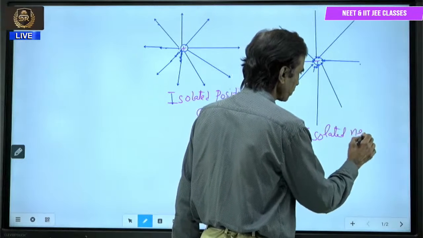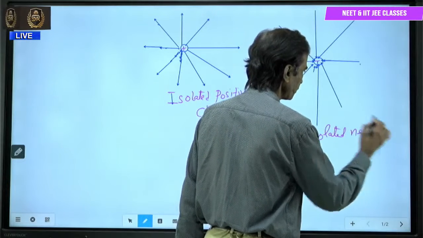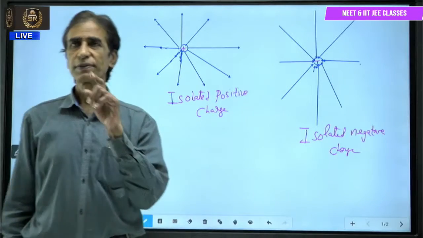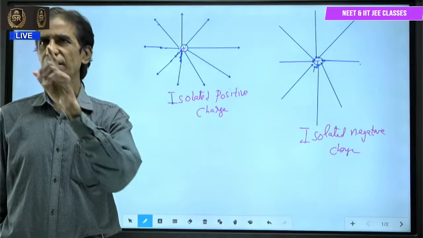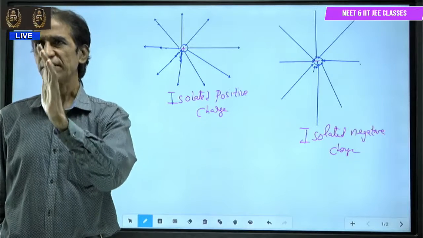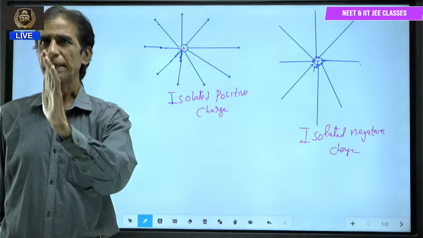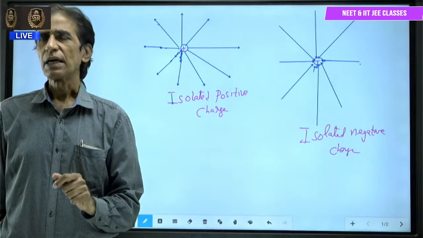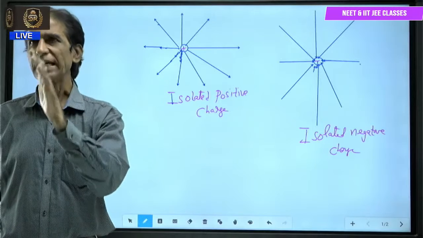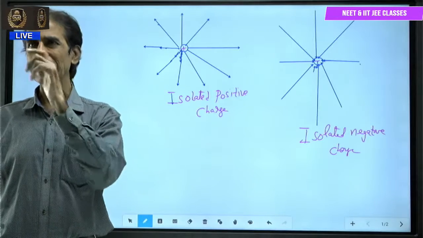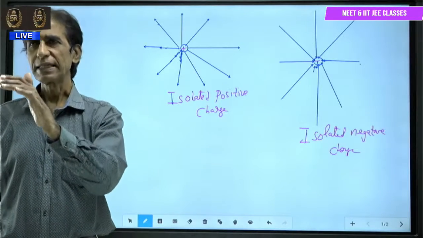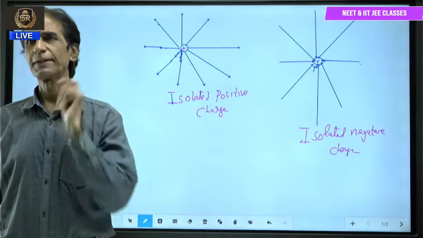So first point, when you draw the field line, number one, the field line should start perpendicular to the surface or should end perpendicular to the surface. And these field lines start from the positive charge and end at the negative charge. Technically, they originate from the positive charge and terminate at the negative charge. That is the first point.